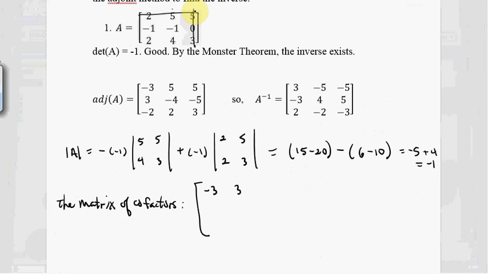Come here to this position, delete this row and column. So this is -4 plus 2, so that's -2. The sign in front is positive, so that doesn't change anything. I come to this position, delete its row and column, so this is 15 minus 20, so this is -5, and the sign here is negative, so this is +5.